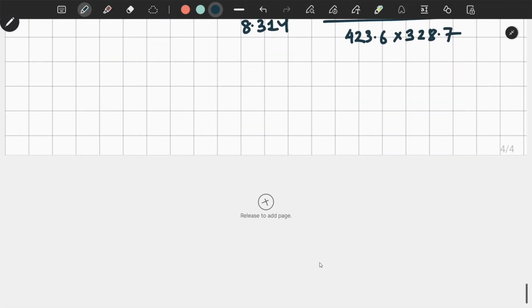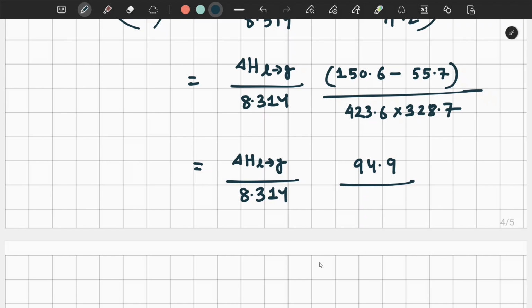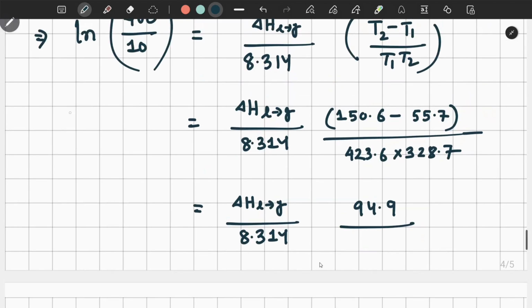So eventually this will be 94.9, and here it will be ln 40.